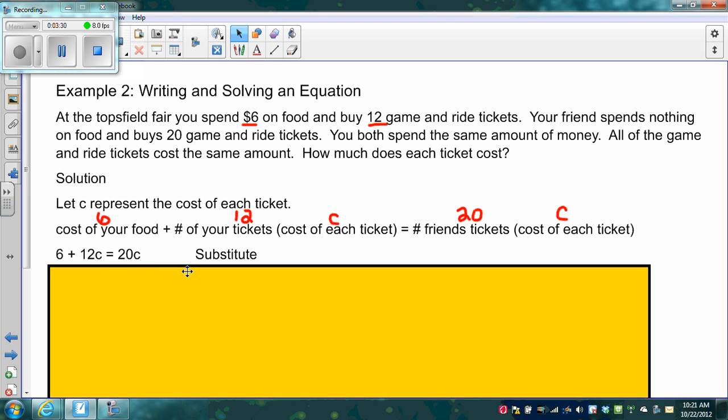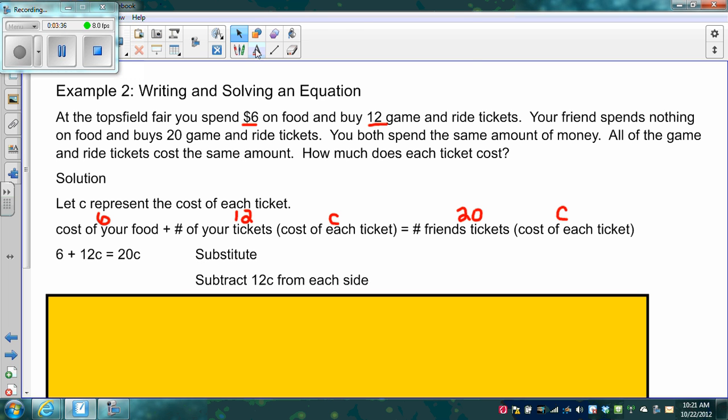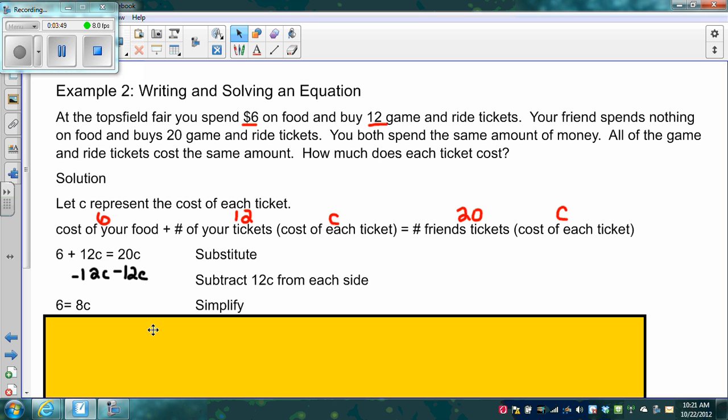So the first thing we need to do is get these c variables all on one side. So let's subtract 12c from each side. Then our 12c's cancel out on the left, and we're left with 6 equals 8c.